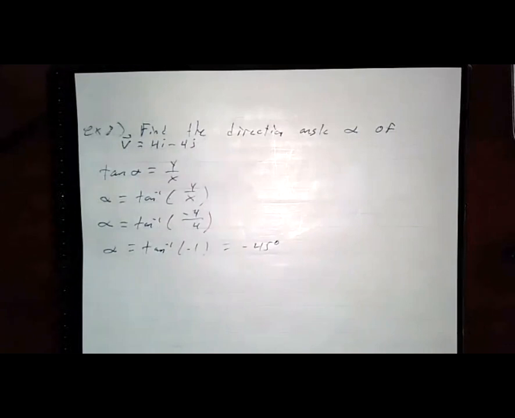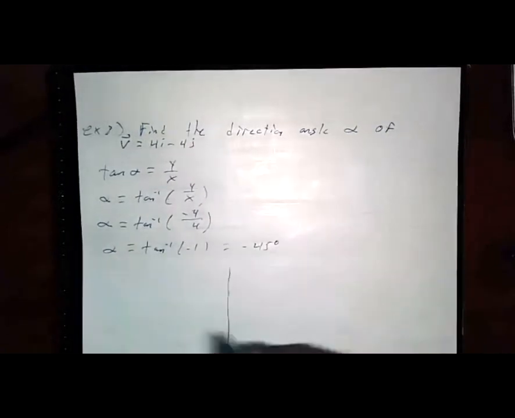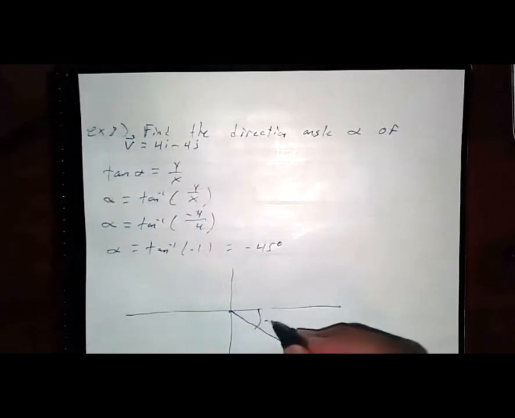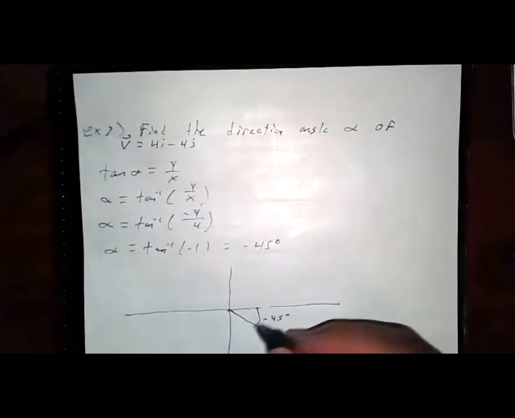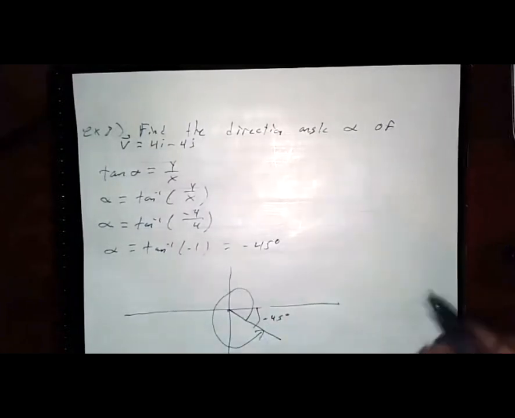But to get the appropriate angle, just add 360. It should be 315, right? If we draw the picture, -45 is over here from the calculator. So just add 360 to get this angle.